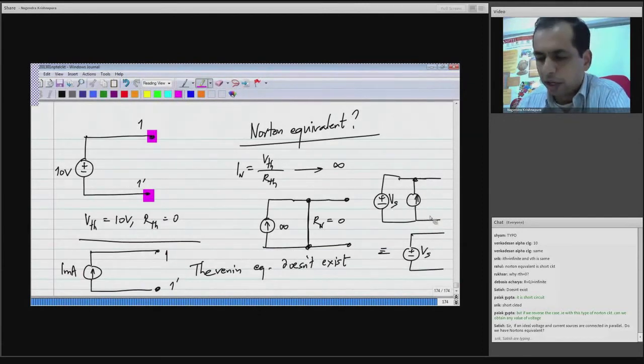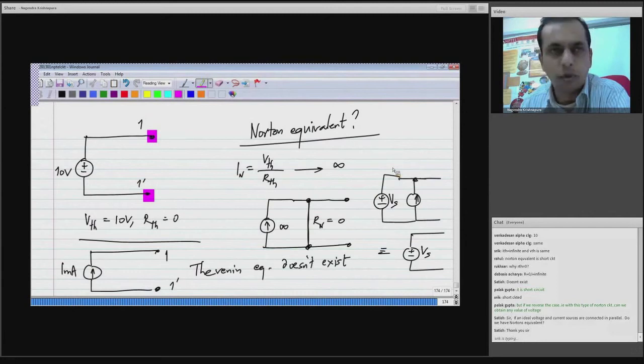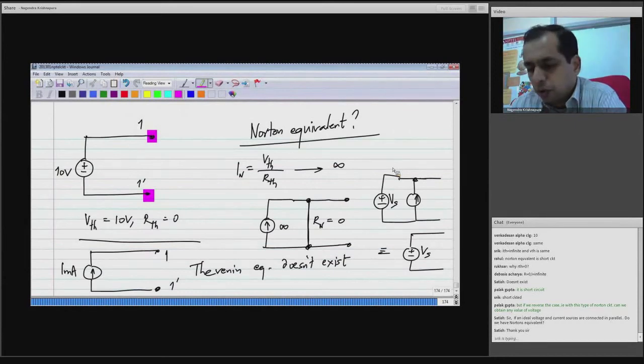Whether you have a current source or not, it doesn't matter. The only thing that it will change is the current through the voltage source. Otherwise, nothing will change. So clearly, this is a voltage source, and there is no legitimate Norton equivalent circuit for this one. I hope that part is clear as well.